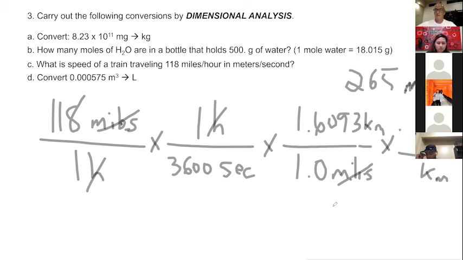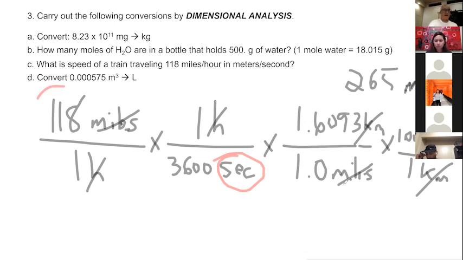That's what kilo means, 1,000. So now miles are gone, hours are gone, kilometers are gone. And what units do I have left? The only units I have left are meters on top and seconds on the bottom, and that's exactly what I want.